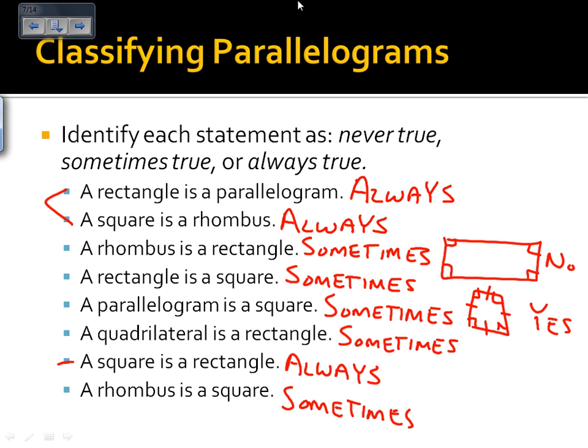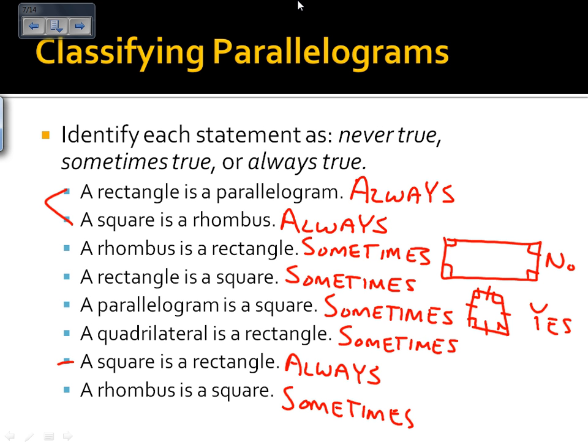Can anyone give me a statement that would be never true? I notice we don't have any never truths. Any never truths? Leo? So a parallelogram is never a rectangle? Whoa. I want a never true. Oh, I got one. Go ahead.